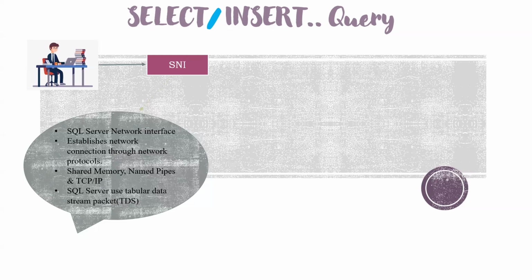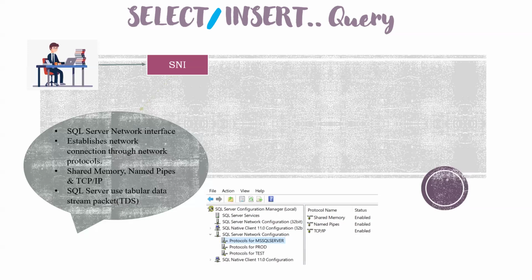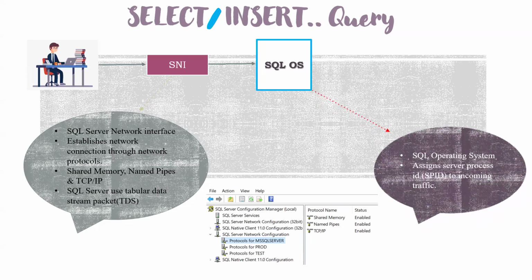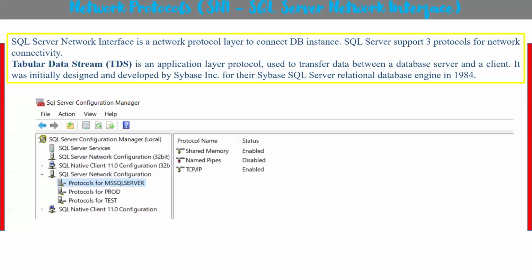Once the connectivity is made, SQL OS will get the session ID for your connection. Once you get the session ID and enter into SQL Server, first comes the database engine, the main core component of your entire SQL Server.